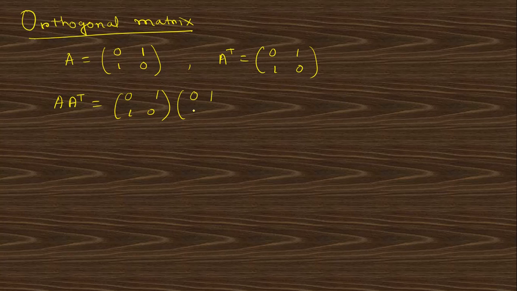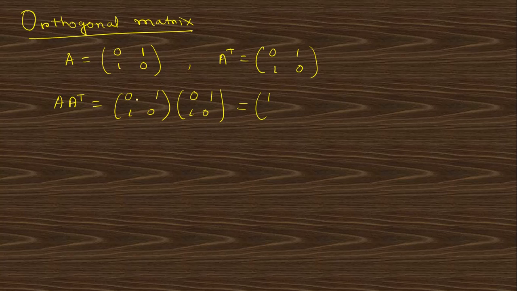Suppose A is any matrix, say 0, 1, 1, 0, and you find A transpose. What will be the transpose of this matrix? 0, 1, 1, 0. Just interchange the rows and columns, you get the same thing, and multiply them. A transpose A, what will be the value? 0, 1, 1, 0 times 0, 1, 1, 0.